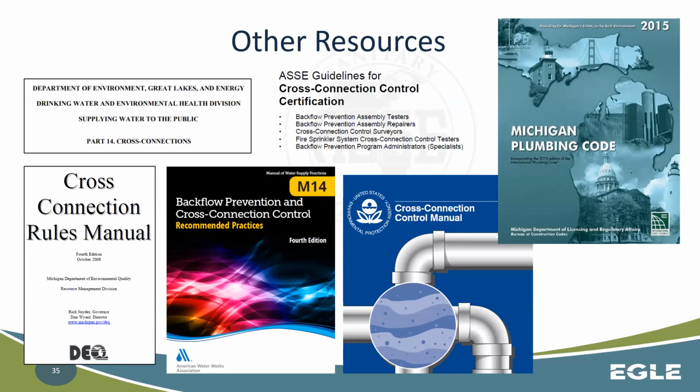We're aware of that, and it's one of the things on our schedule, but you can make use of it. ASSE has their guidelines. All of these are going to have more information for you to make use of. I know at least our rules manual has some templates included that you might be able to make use of, or examples of different things that you might see.